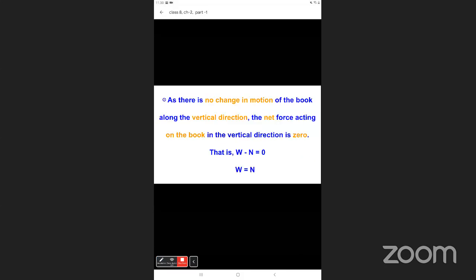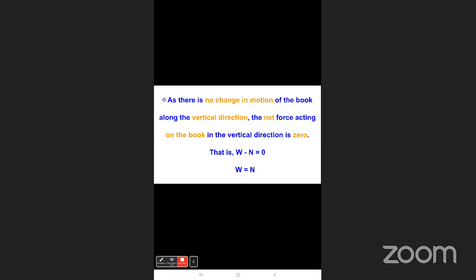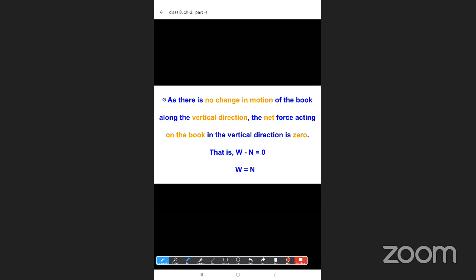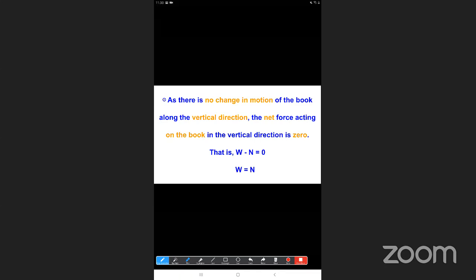Here these 2 forces are acting on the book in the vertical direction. As there is no change in motion of the book along the vertical direction, the net force acting on the book in the vertical direction is 0.